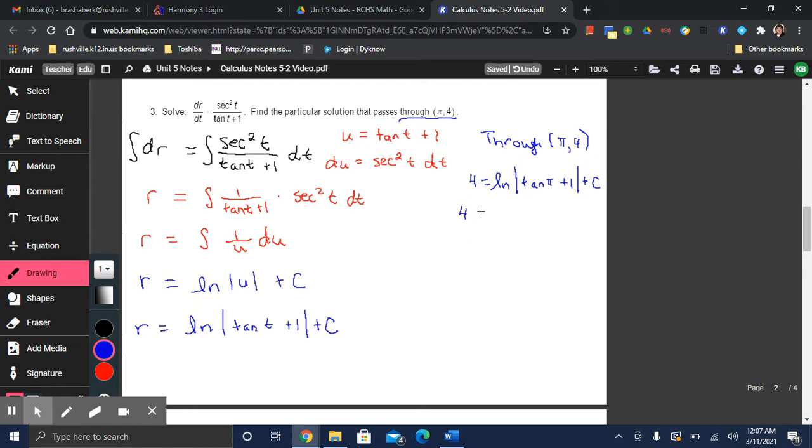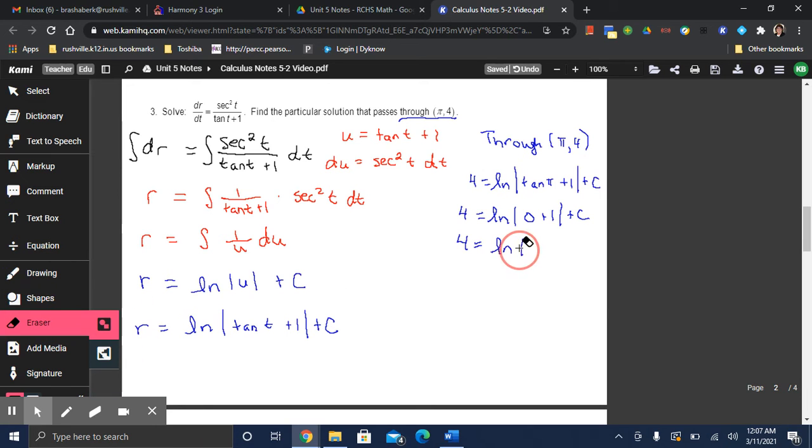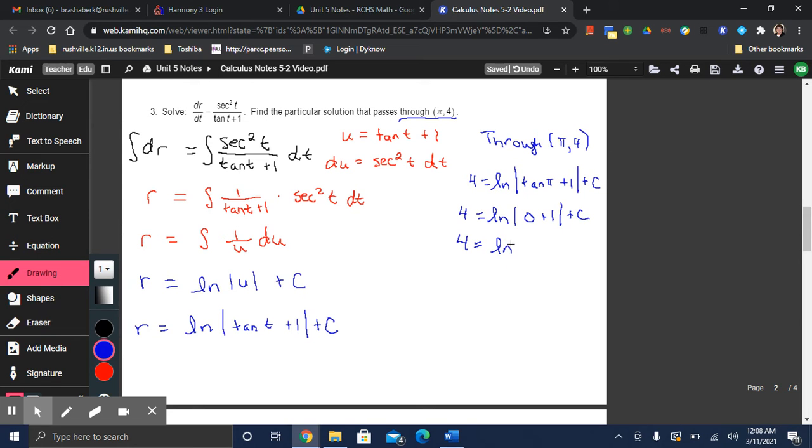Well, the tangent of pi is 0, so we'll have 0 plus 1. And then that will simplify to the natural log of the absolute value of 1. At that point, you don't need the absolute value symbol anymore because 1 is already a positive number.